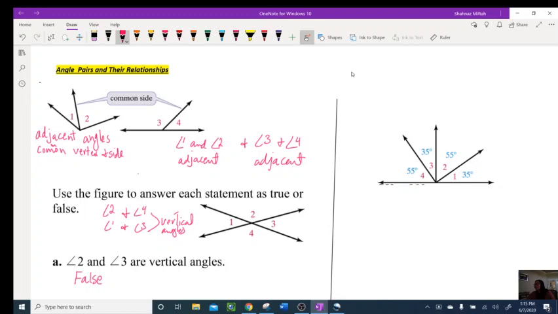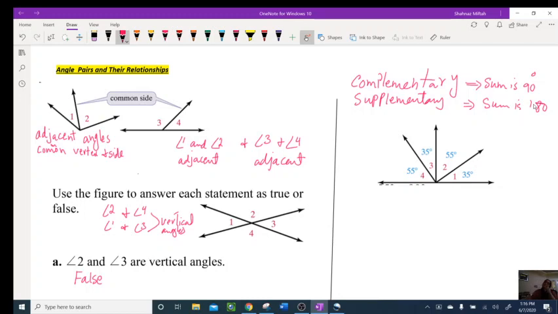Complementary angles are angles whose measures have a sum of 90 degrees. Supplementary angles are angles whose sum is 180.